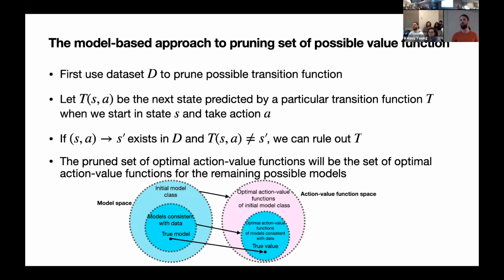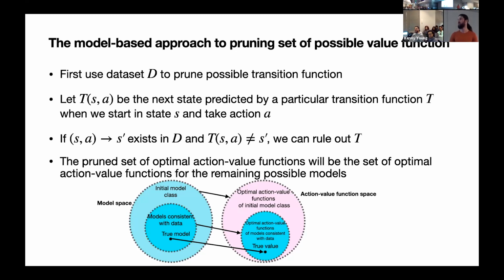And then at the end, remember what we care about is the value functions, not the model. So as a final step, we're just going to consider the pruned set of optimal action value functions to be the set of optimal action value functions of the remaining possible models after we prune them based on the data in this way. If you want to draw an analogy to the more typical model-based RL setting, you can imagine you're learning an over-parameterized neural network, and you just train it to convergence on a fixed data set. In this case, it's an over-parameterized neural network transition model.